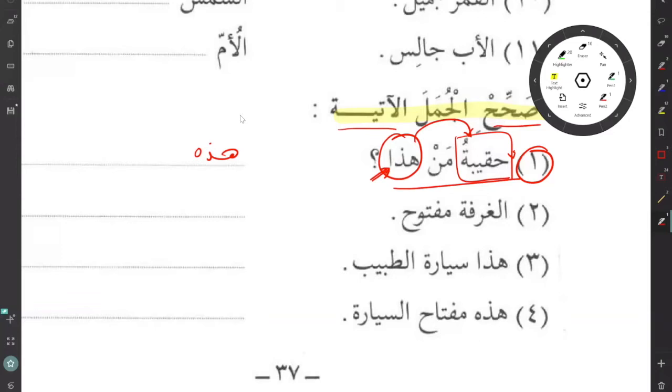Haqib, I don't know. Honestly, I've never heard that word. So the tamarbuta is part of the word. So you cannot drop the tamarbuta from haqiba because it's a noun. Remember, maktaba and maktab? If you drop the tamarbuta, then it becomes a desk, right? So here the only way to correct this one is by changing the demonstrative pronoun هذا to هذه.